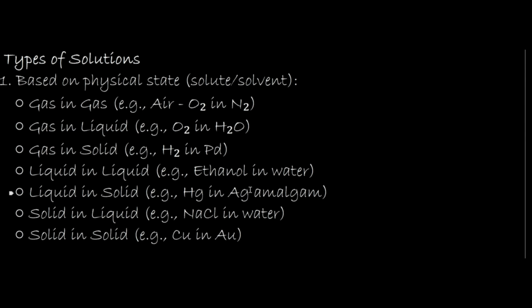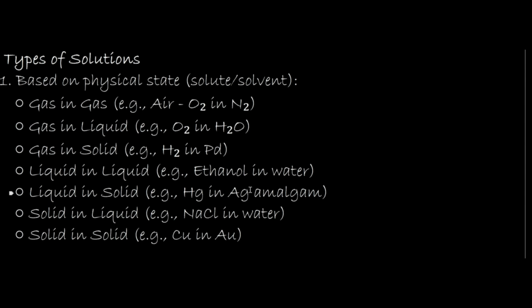Then liquid in solid. In that category, you can expect amalgam, mercury amalgam, silver amalgam, etc. Similarly, solid in liquid, solid present in liquid, which is salt solution, sugar solution.